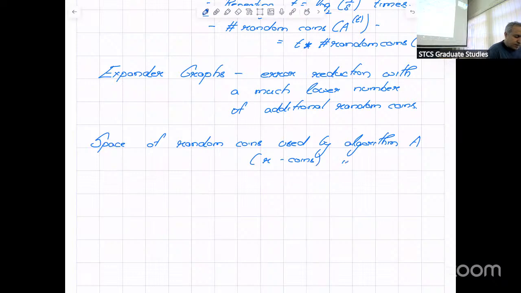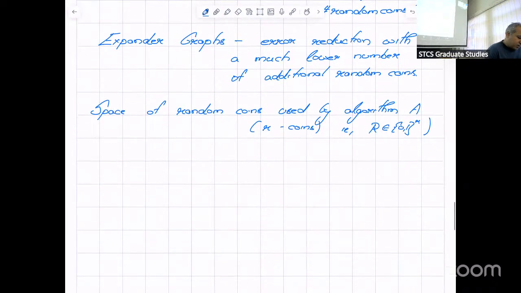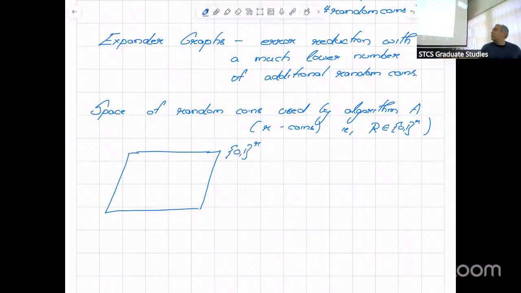That is, the string r belongs to {0,1}^R. So that's the space {0,1}^R, and you're picking points from here at random and running the algorithm.